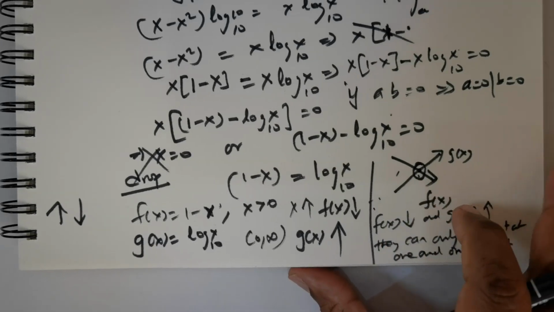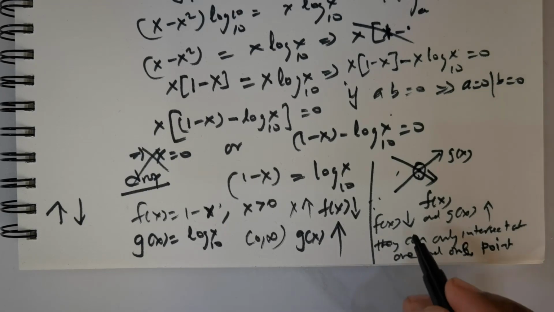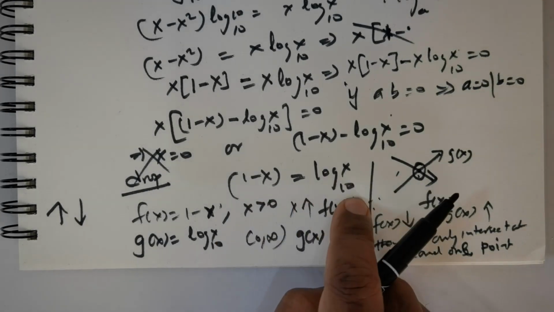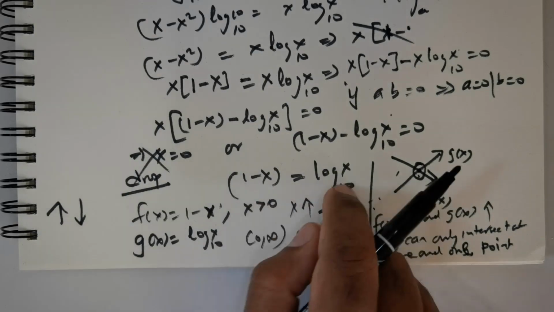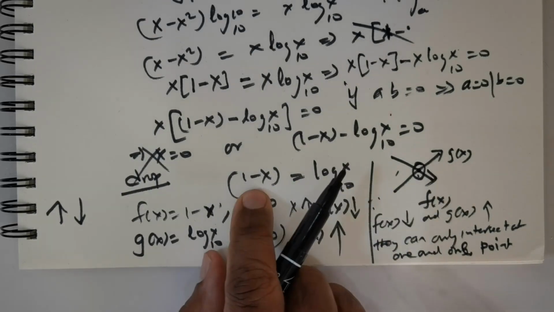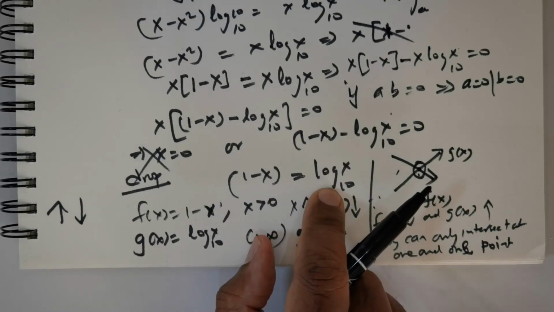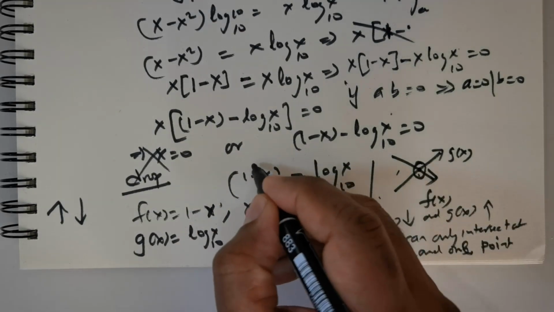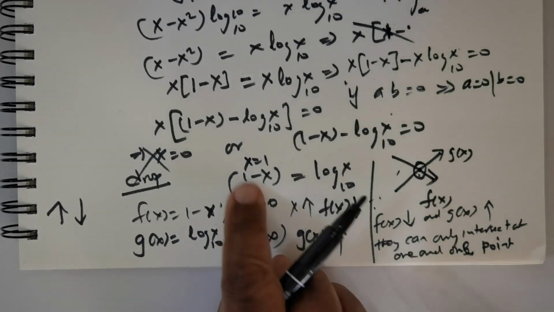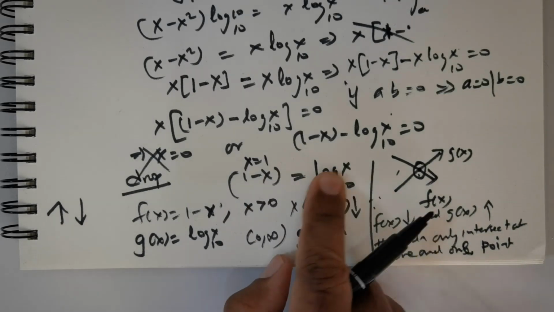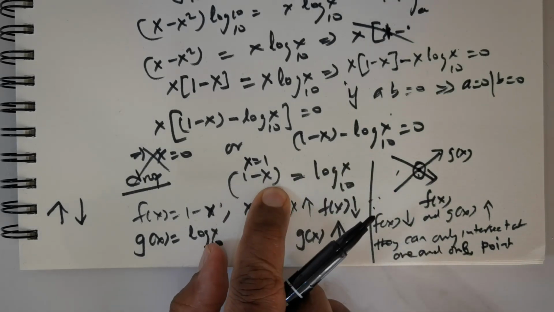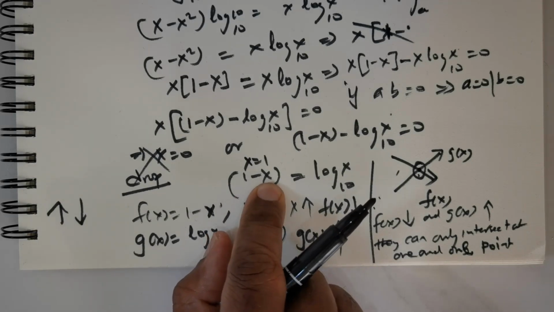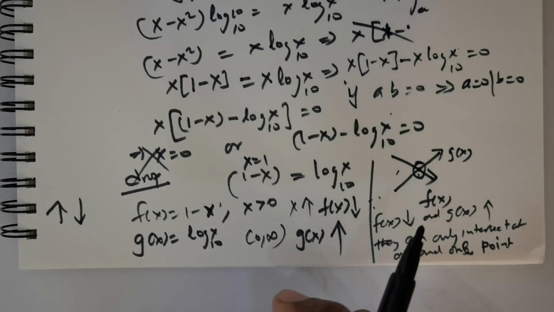Since I mentioned that one point, we need to know what that point is. You have 1 − x is equal to log x to the base 10. These two should be equal to each other; in other words, left hand side should be equal to right hand side. When is that possible? Clearly this can only happen when x is equal to 1. If I put x equal to 1, log 1 is 0, and 1 − 1 is 0. So 1 − x is 0 when x is equal to 1.